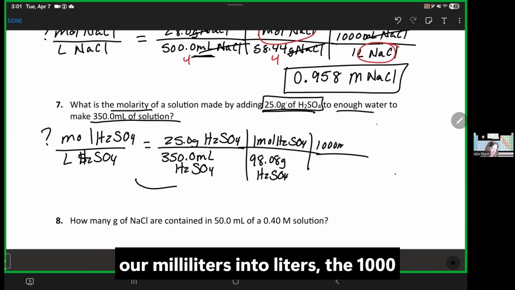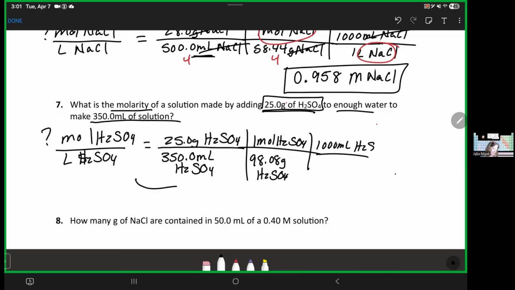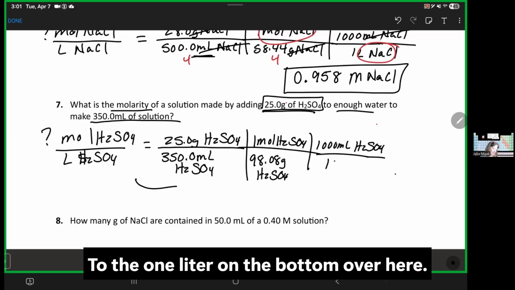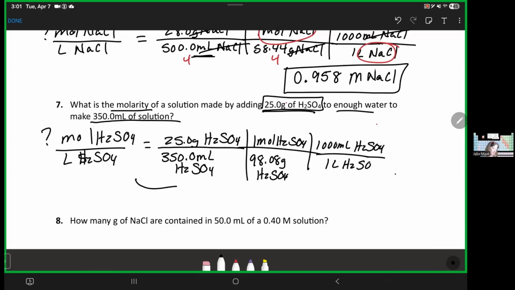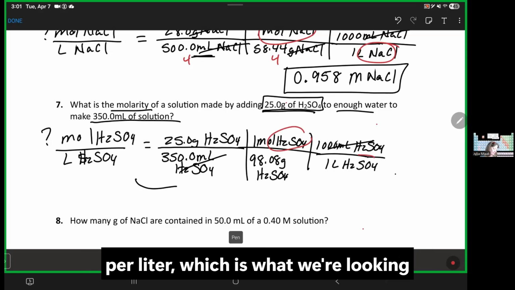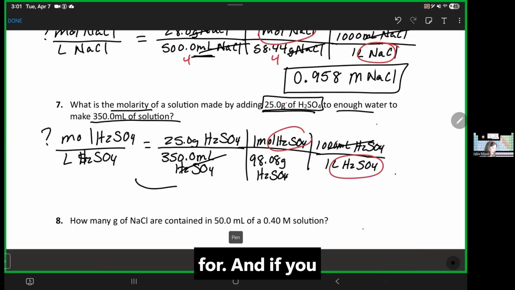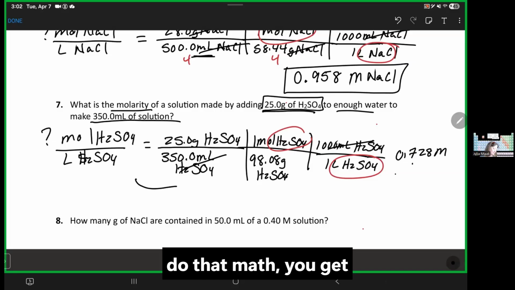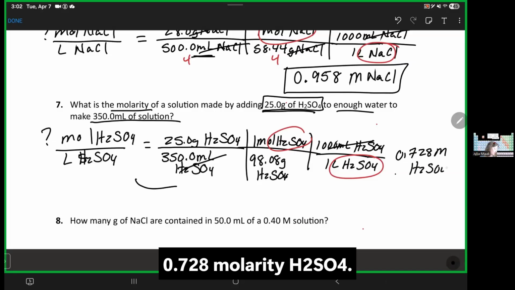The 1,000 milliliters on the top over here to the 1 liter on the bottom over here. Those cancel, and we're left with moles per liter, which is what we're looking for. And if you do that math, you get 0.728 molarity H2SO4.